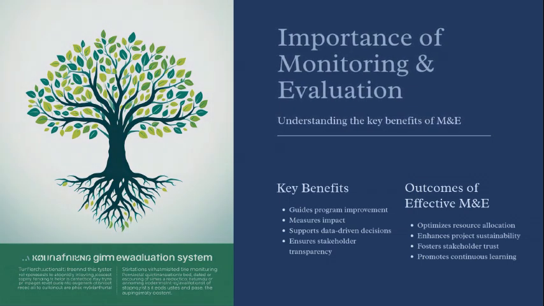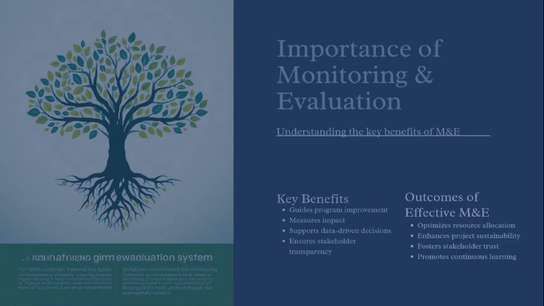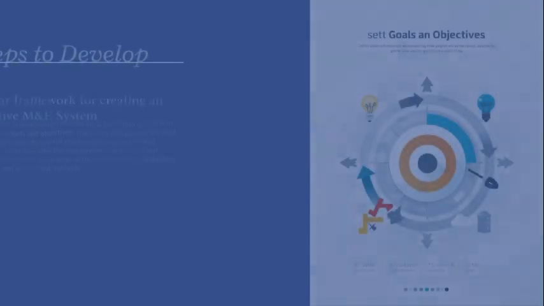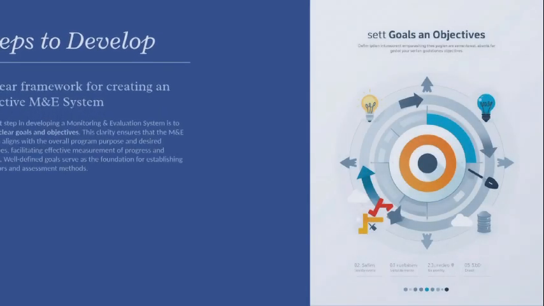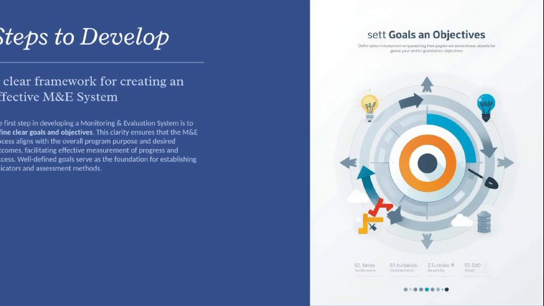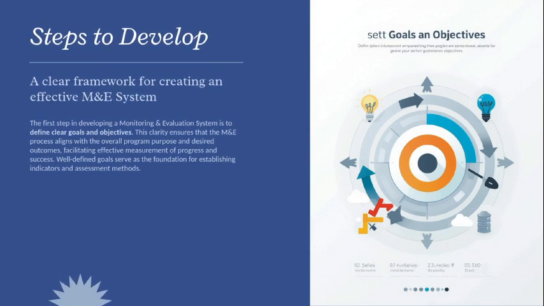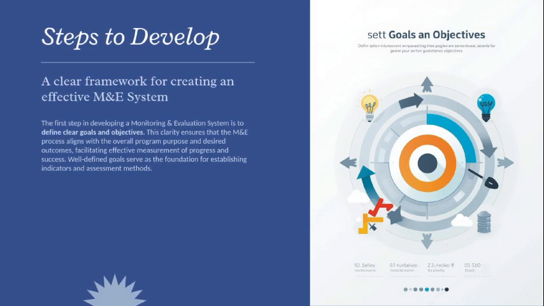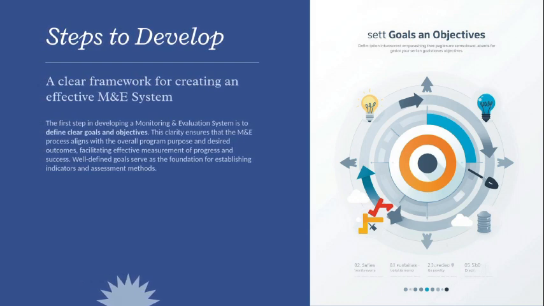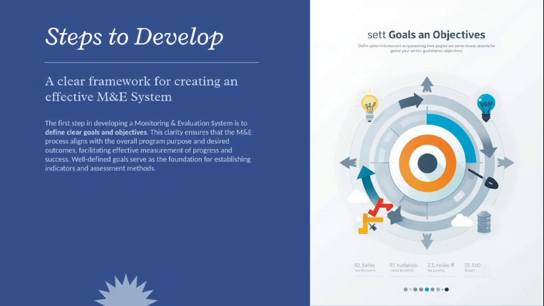After establishing the indicators, the next part of development involves deciding exactly how data will be collected, stored, analyzed, and reported. This requires selecting the right data sources, designing tools such as surveys or checklists, setting up data flow processes, and establishing reporting timelines.